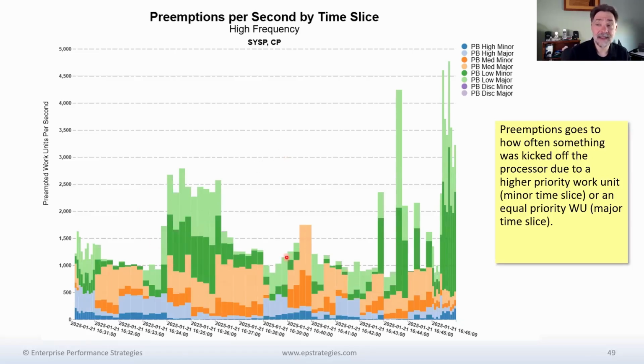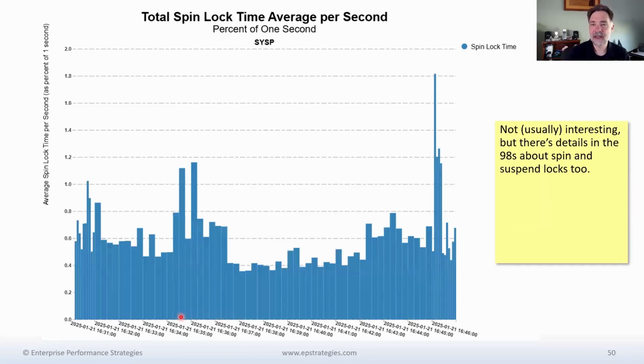So this is interesting because you can see how often you have preemptions happening in that dispatching chain, for equal priority and higher priority units of work. It's mostly interesting from an educational perspective, for understanding that these things are happening on the system. In terms of diagnostics, maybe a little less so.